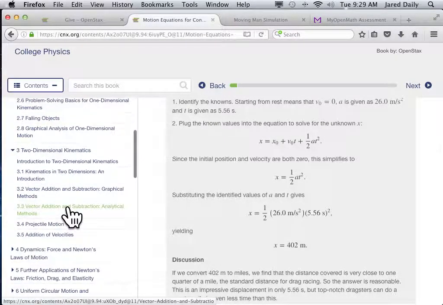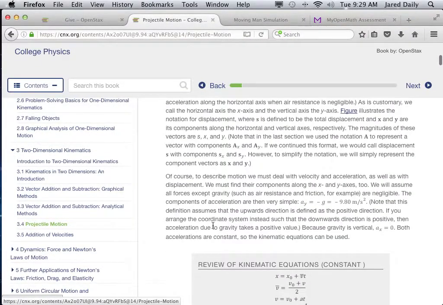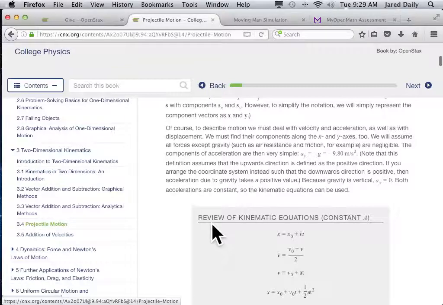So let's go back here to this section. Here are our kinematic equations in the x direction where we have a constant acceleration.